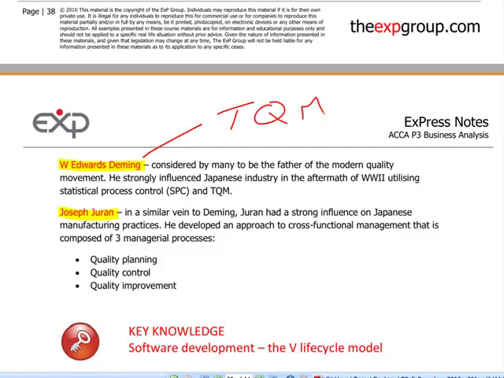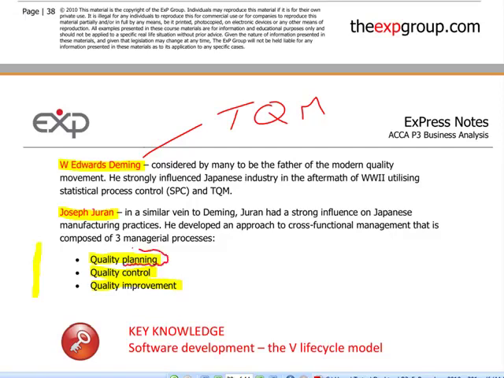Okay, a similar theorist to Deming is Joseph Juran. And again, he had a strong influence on the various Japanese approaches. His main area was that he developed an approach to management that is composed of three managerial processes. And here they are: quality planning, quality control, quality improvement.